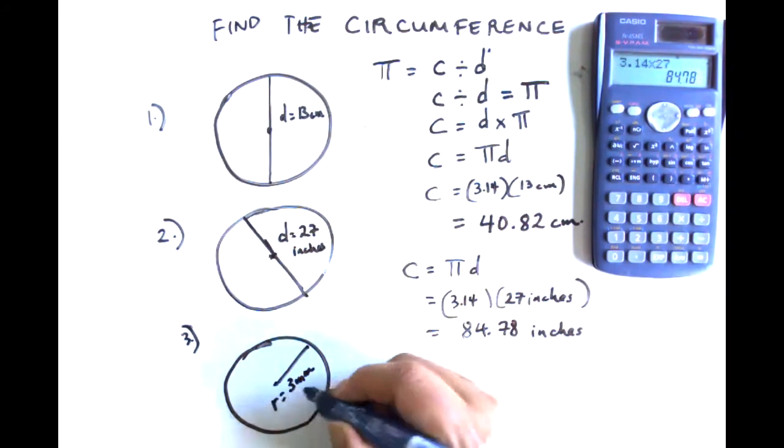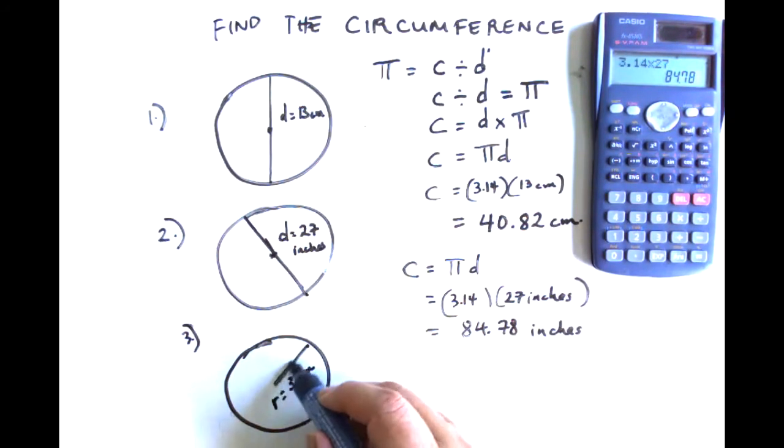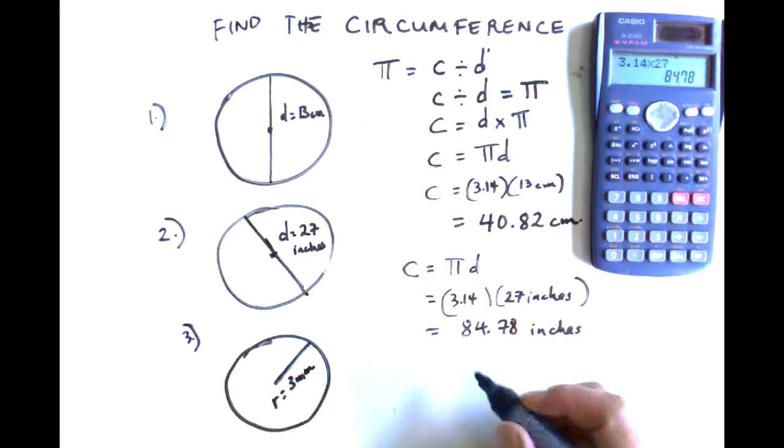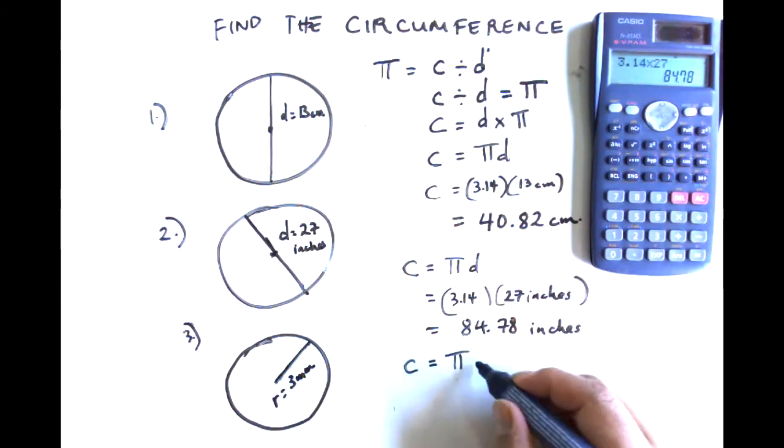Yeah, that's your radius. So we got the formula again. C equals pi d.